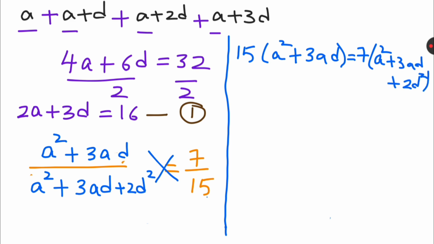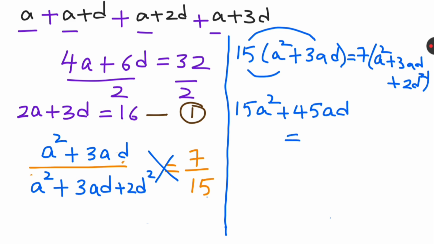If you open the bracket, 15 times a power 2 is 15 a power 2, 15 times 3 is 45 ad, equal to 7 a power 2 plus 7 3s are 21 ad, then 7 2s are 14 d power 2.